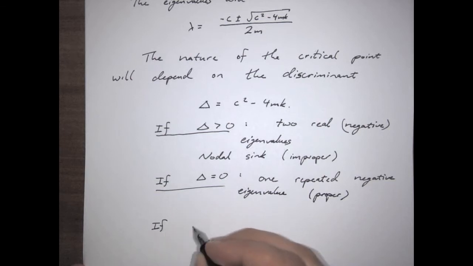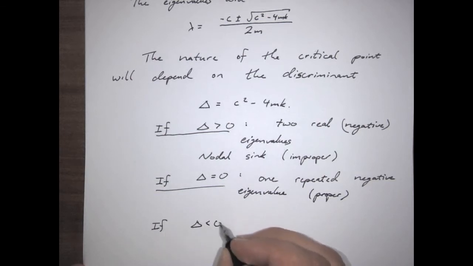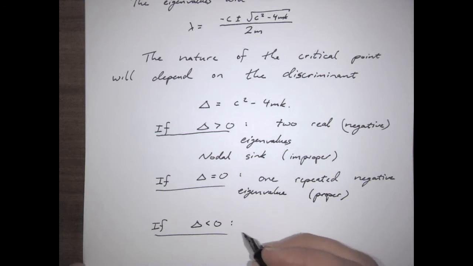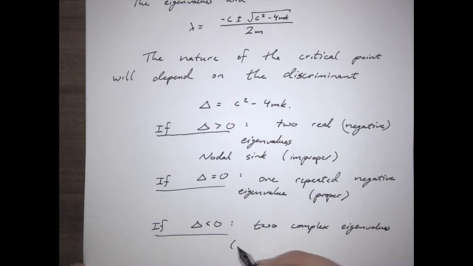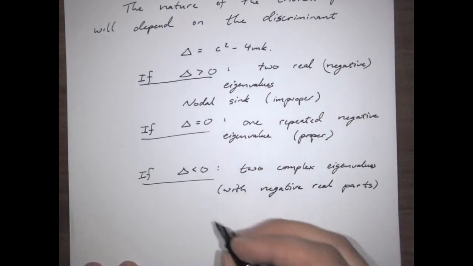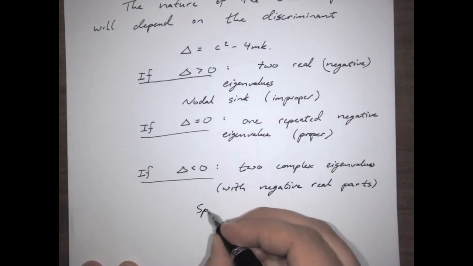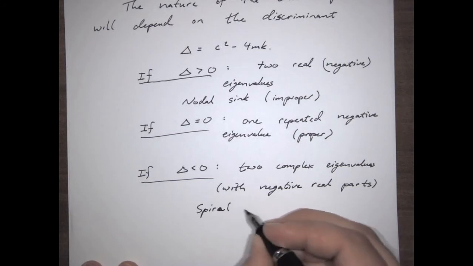And then finally, if the discriminant is less than 0, we're going to get two complex eigenvalues, and here with negative real parts, which leads to the conclusion that we're going to have a spiral sink.